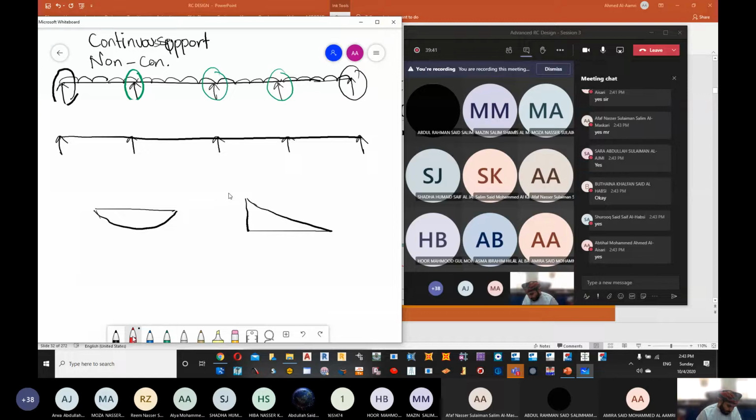Now you see that this was non-continuous, it means they will act like this one. So they have a bending moment of 0. Then once again, this is ending up at 0. Are we okay?